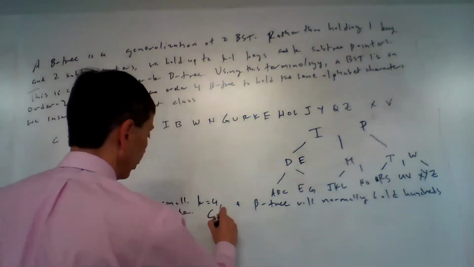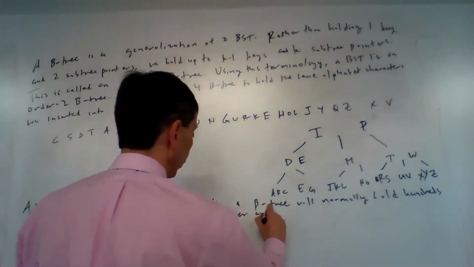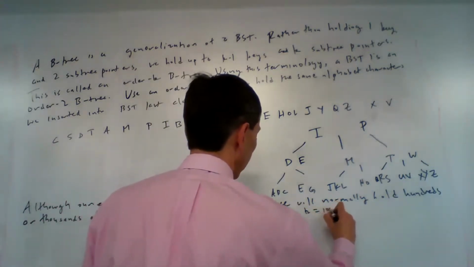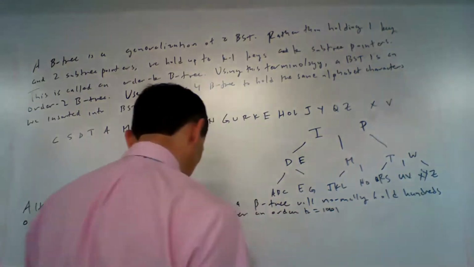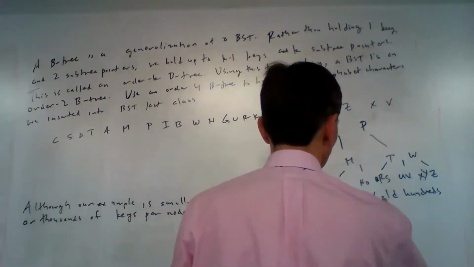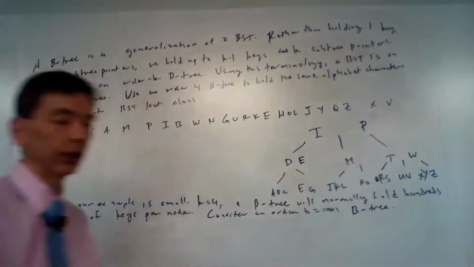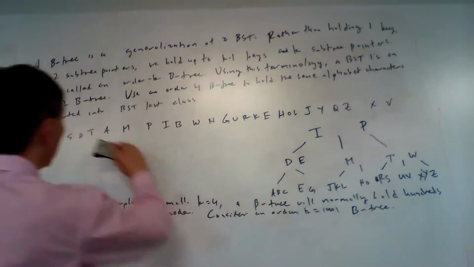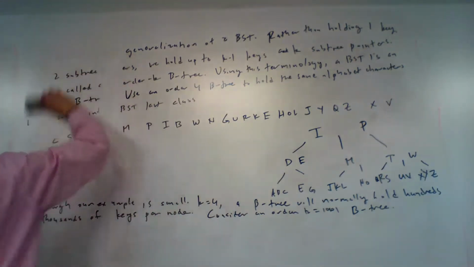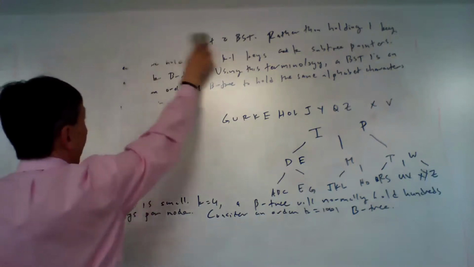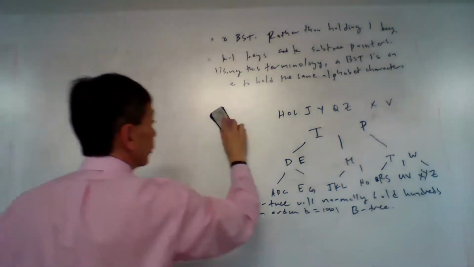So consider an order k equals 1001 B tree. Okay, so we have up to 1,000 values in every node, and 1,001 child pointers.